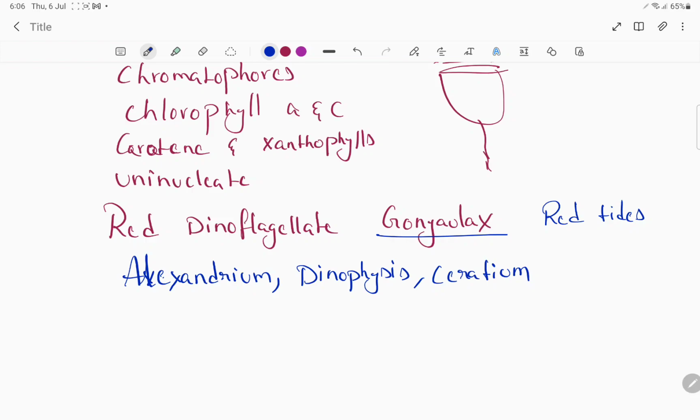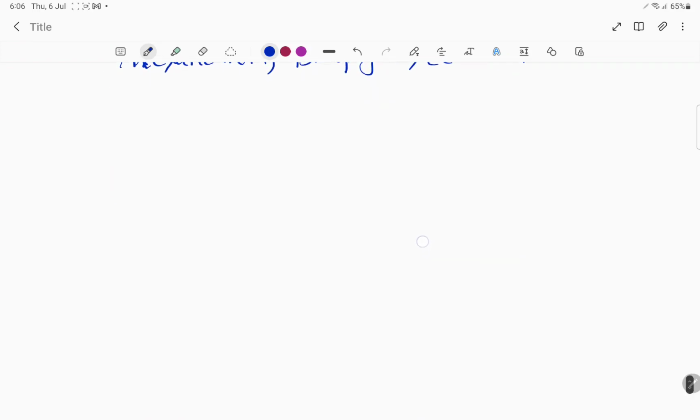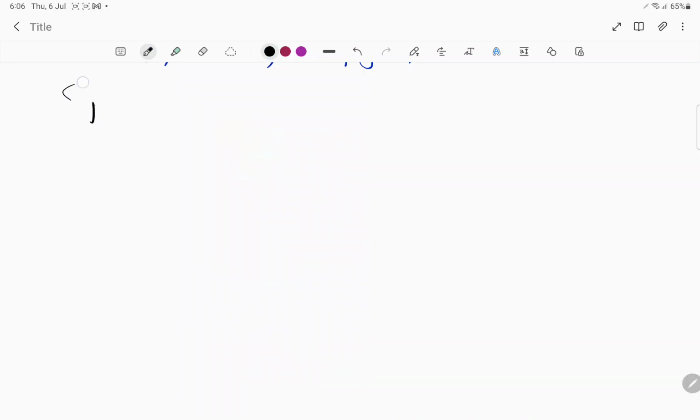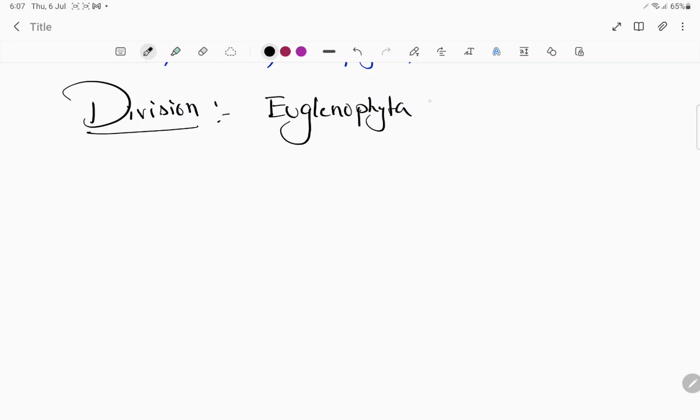And coming to the next category, the next division is Euglenophyta. So in this only you will be getting euglenoids.